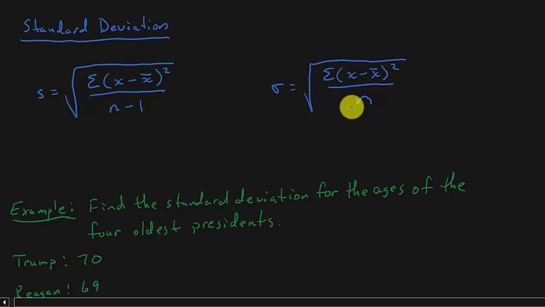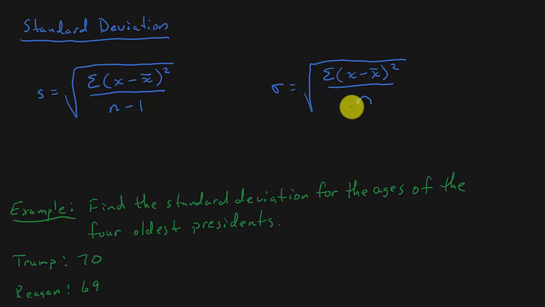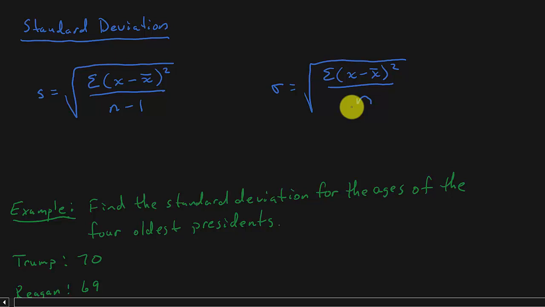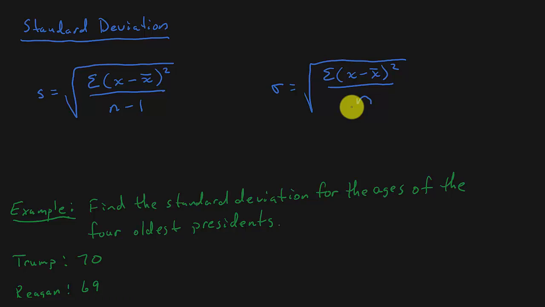Now, for standard deviation, there are different ways that you can see this formula written. Like for instance, in the statistics book. Now you've got to understand, this is a contemporary math class. This comes out of a contemporary math book.